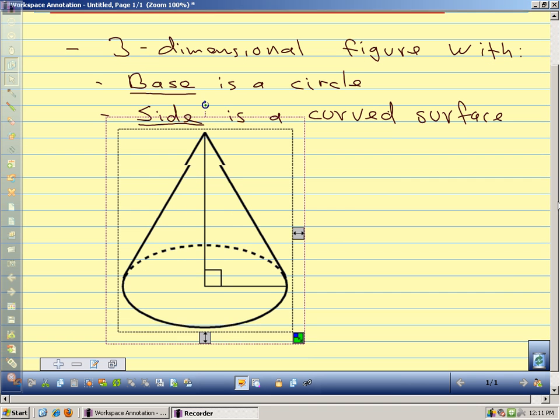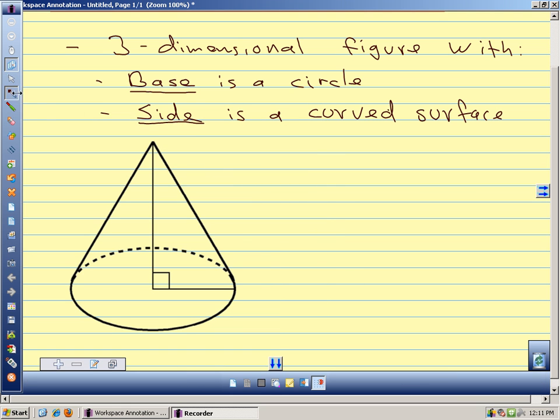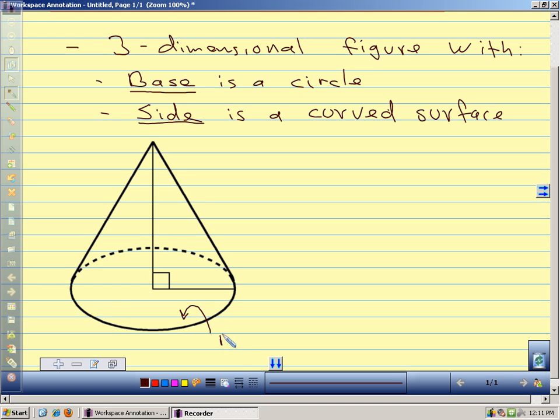All right, so here's our cone. So let's label our parts. This is going to be our base, the circle. So our circle is our base.